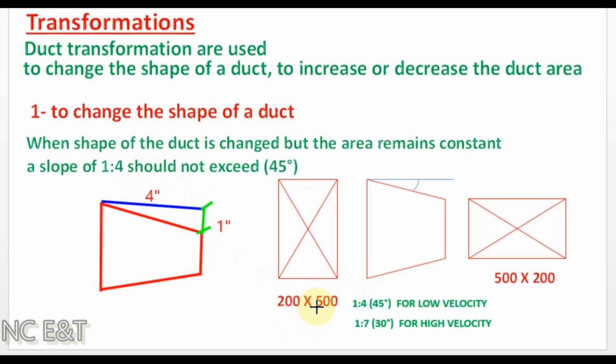When we change it to another size 500 by 200, then the shape of the duct is changed but the cross-sectional area remains constant. In this picture you can see we have a transition piece with the cross-sectional area remaining constant. When we are decreasing the size by 1 inch, then we need to fabricate this piece in a length of minimum 4 inch.